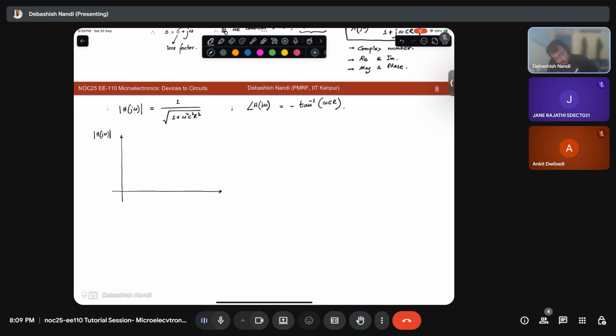Now, if I plot mod of H of j omega with respect to omega, how will it look like? This I need to plot in dB scale. This I need to plot in log scale. So what is the value at omega equal to 0?